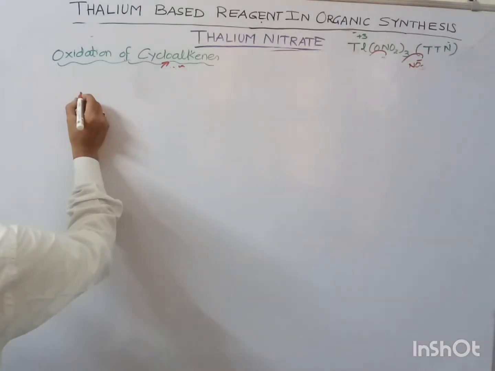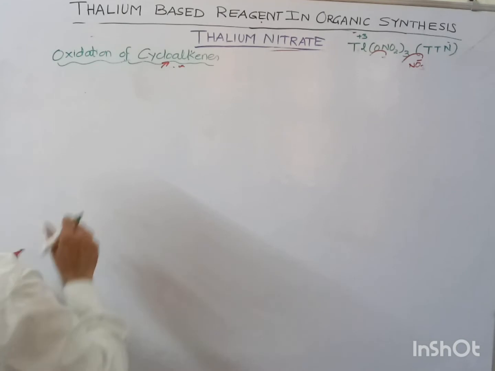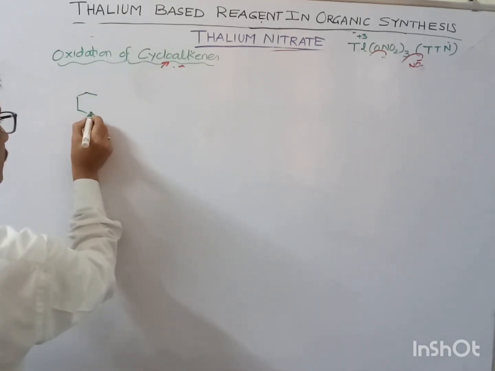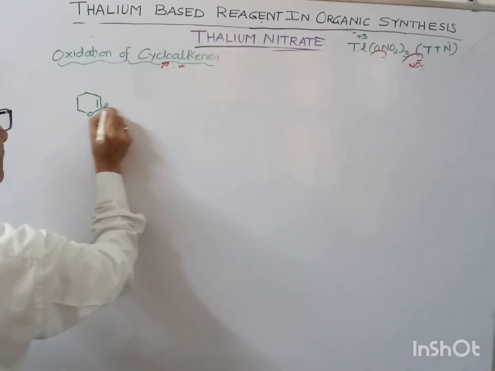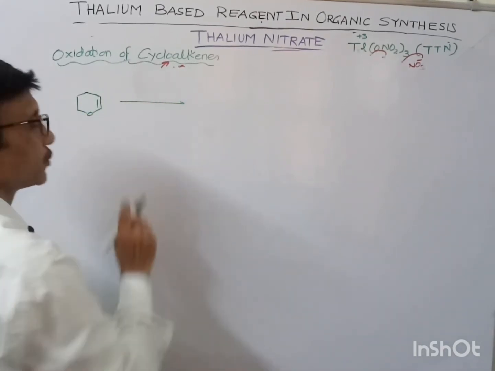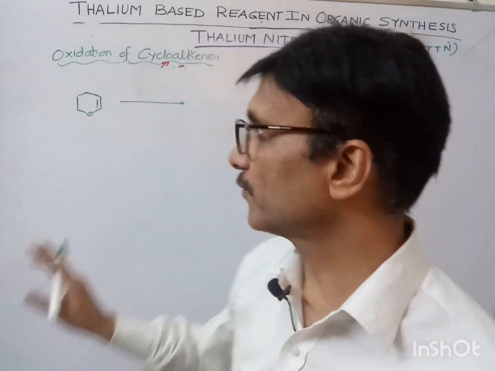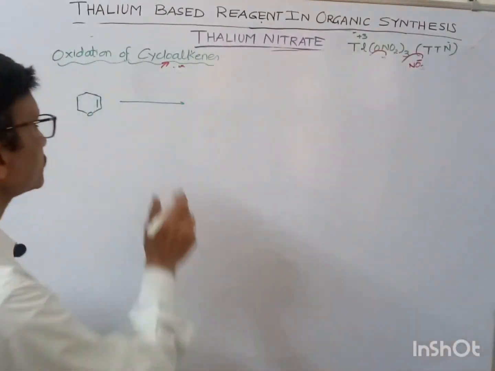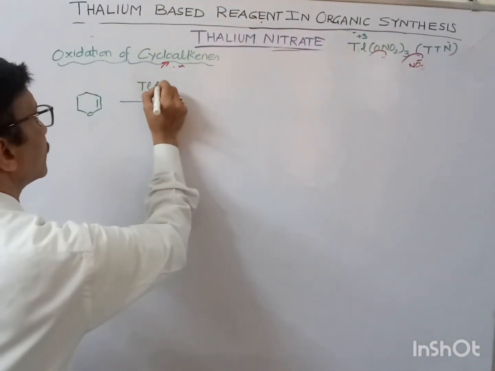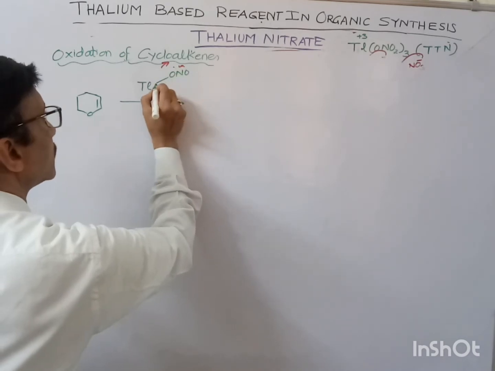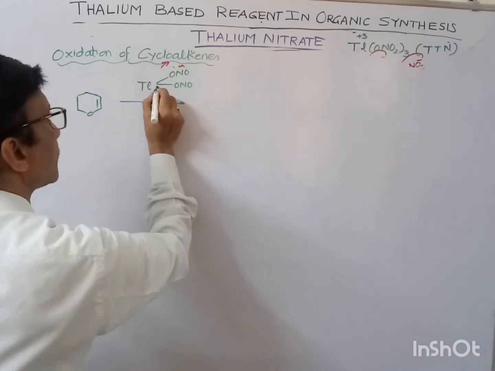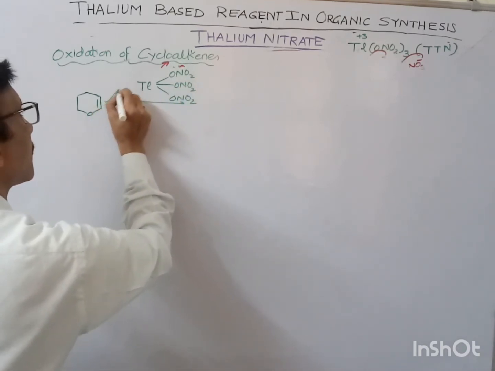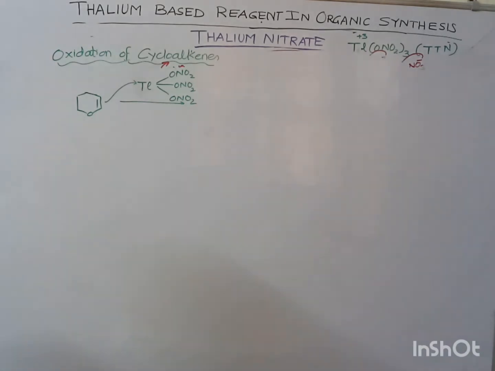So suppose if we have, now suppose what should be the oxidation product of this one? What would be the oxidation product of this one? So if you will see, then first of all we have thallium nitrate, okay.